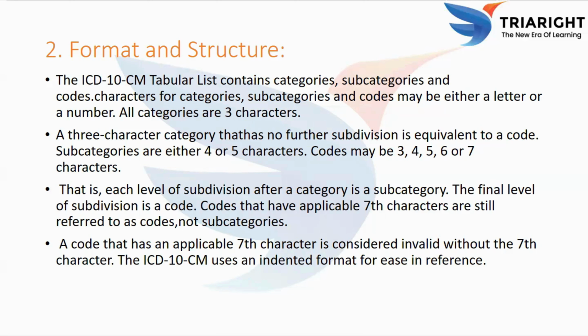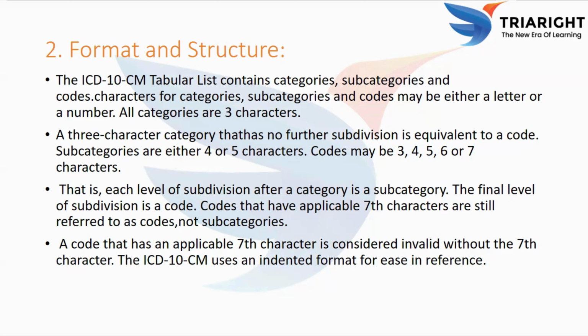The codes may be 3, 4, 5, 6 or 7 characters long. A 3 character code can stand alone if no further detail is needed. Whenever only a 3 character code is present and no further detail is needed, it is considered a complete code.